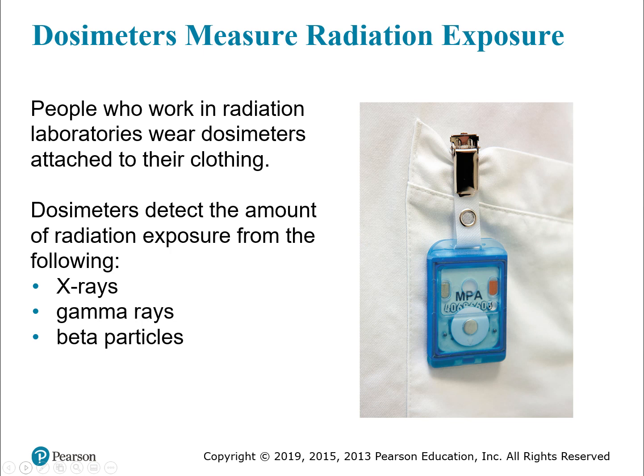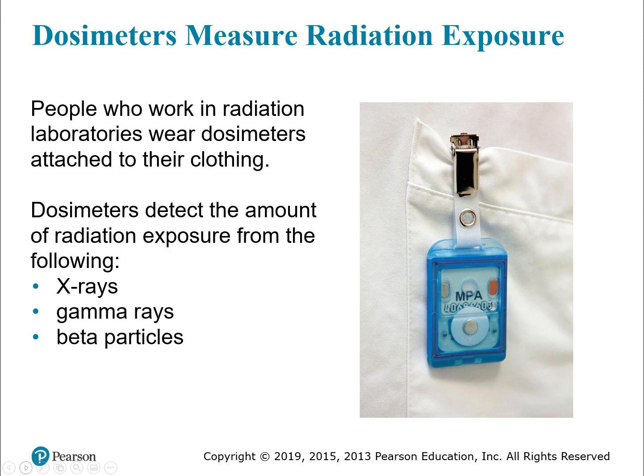People who work in radiation laboratories, pilots, flight attendants, because you're exposed to radiation every time you fly, you have to wear a dosimeter. And that shows how much radiation you've been exposed to. So it will change colors based on how much radiation it detects.